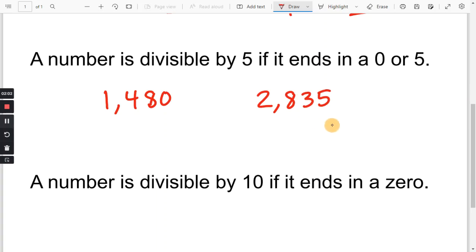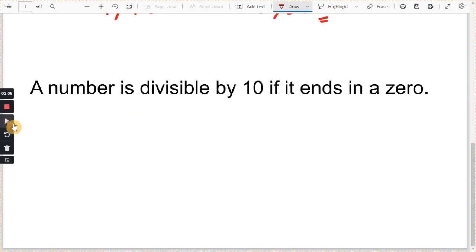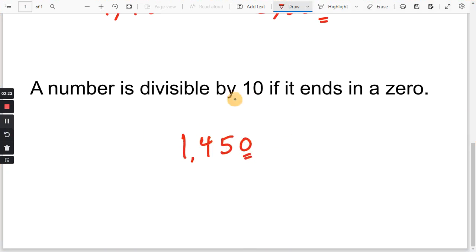You know that's divisible by 5 because it ends in a 5. And finally, a number is divisible by 10 if it ends in a 0. So you can have 1,450. As long as the number ends in a 0, then it will be divisible by 10.